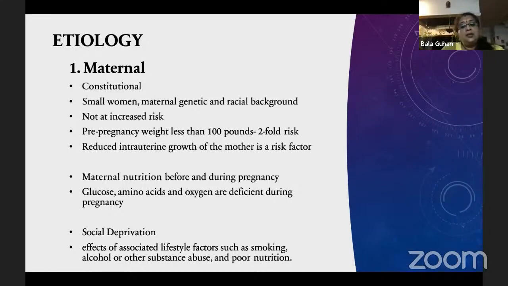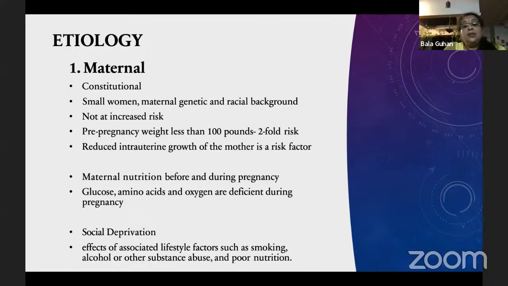Pre-pregnancy weight less than 1,000 pounds gives a twofold increase in causation of IUGR. Reduced intrauterine growth of the mother is a high risk factor. Maternal nutrition before and during pregnancy is very, very important.